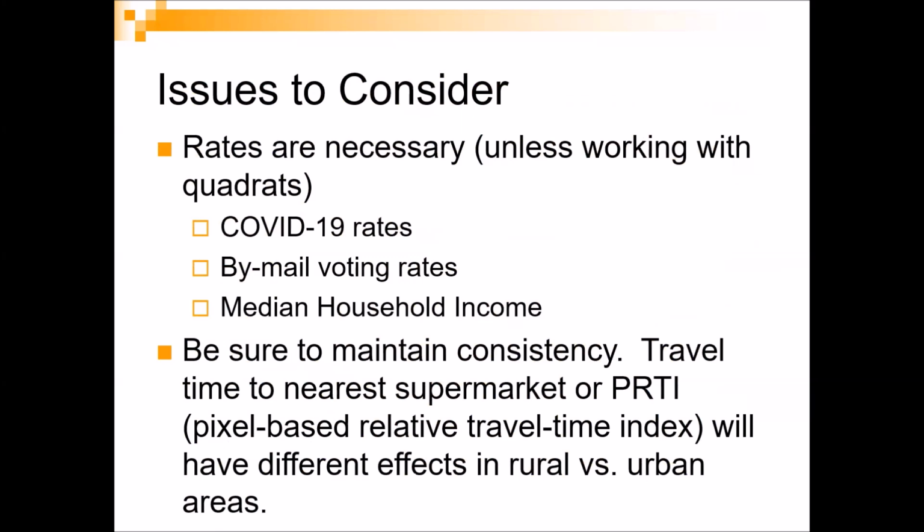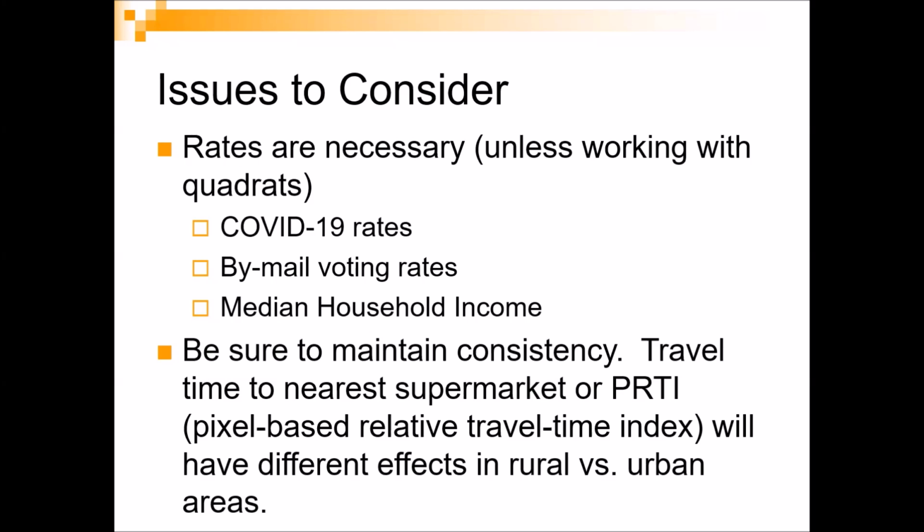It just stands for Pixel-Based Relative Travel Time Index. All it is is a ratio. What are other ratios that we've talked about in this class? What's a real big one? Measure of dispersion that we've talked about. Z-score, right? Isn't Z-score just a ratio? Okay. And so this is a pixel-based relative travel time index.